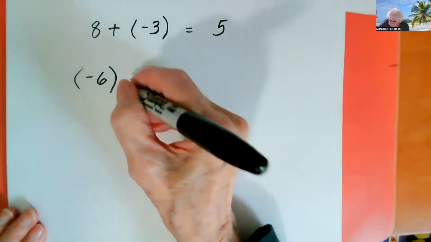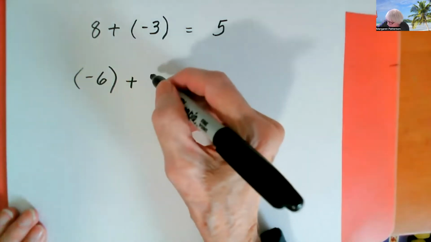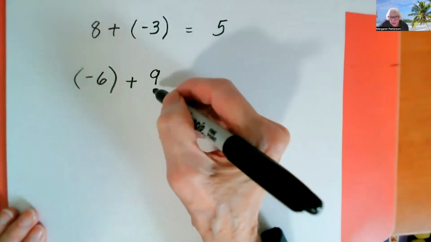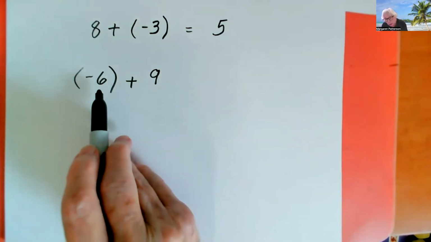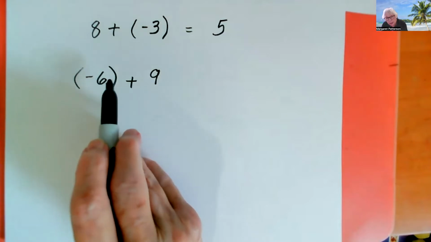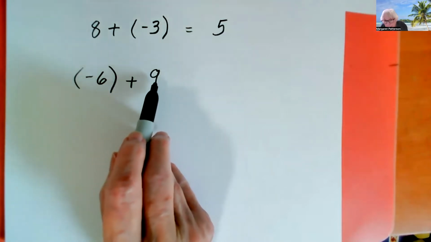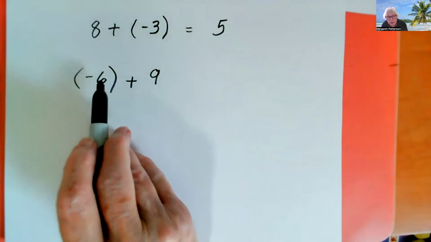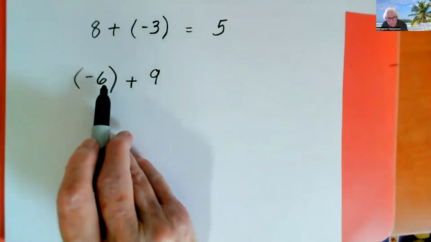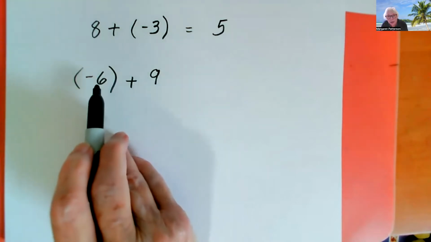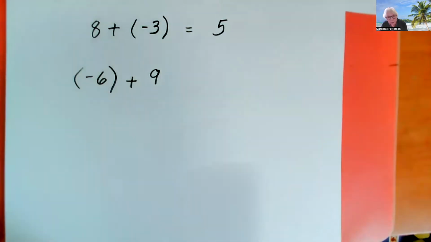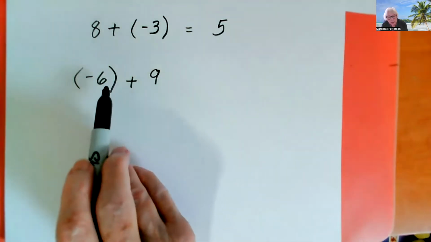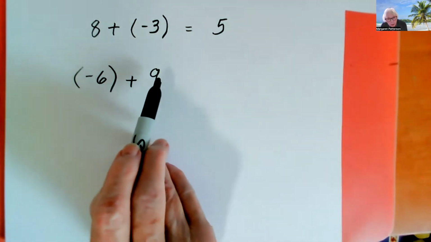Now, let's say you started out negative, okay? And then you added 9. So if you were 6 below 0, and then you added 9, you're clearly above 0 because you have more positive than you have negative. And so how do you do it? Whether you think of money or don't think of anything particular, the two are opposite signs.